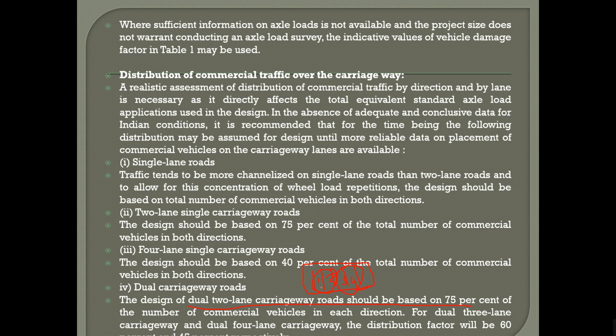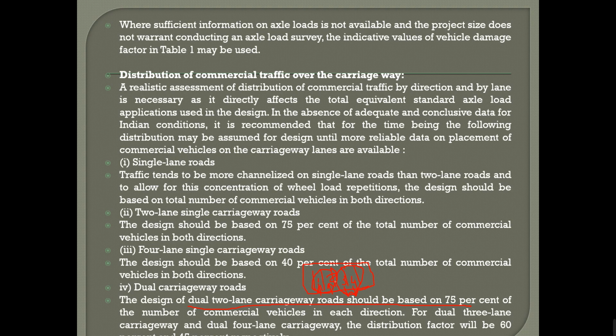In a dual two lane carriageway, two lanes are meant for ongoing traffic and another two lanes are meant for opposite traffic. It is not like a single carriageway road, in which the total number of commercial vehicles in both directions should be considered for designing the thickness of flexible pavement.